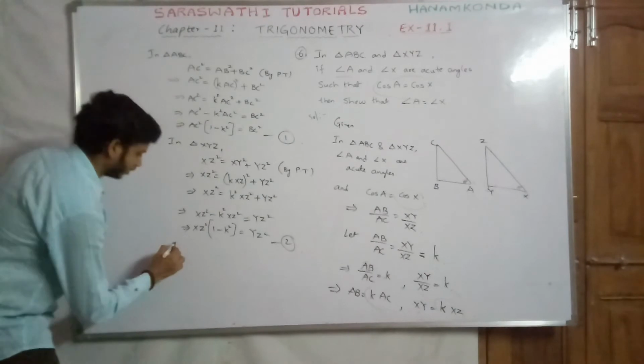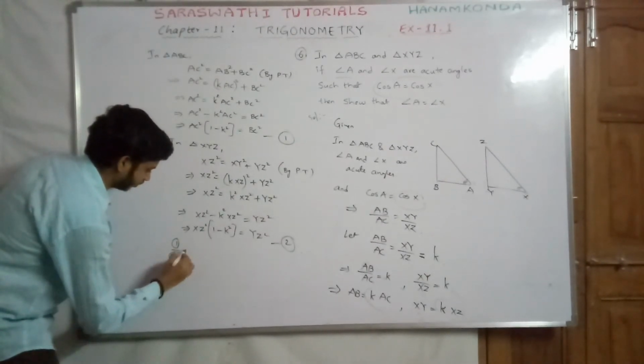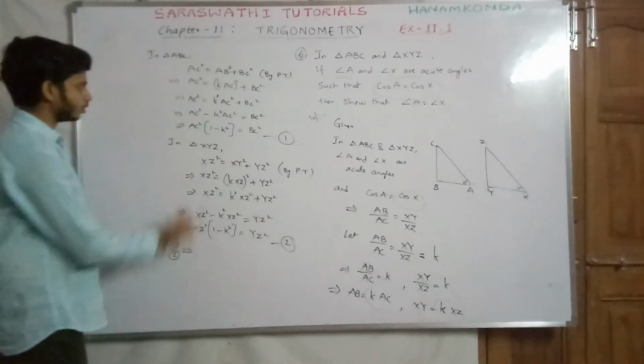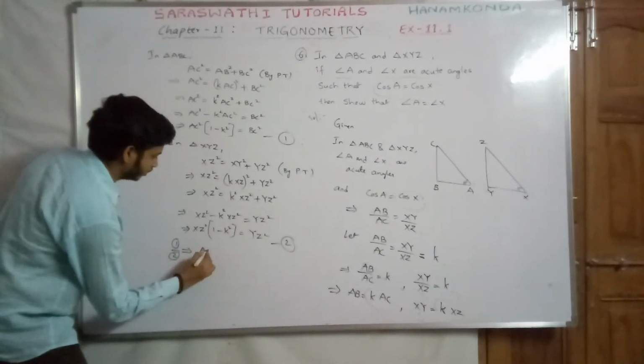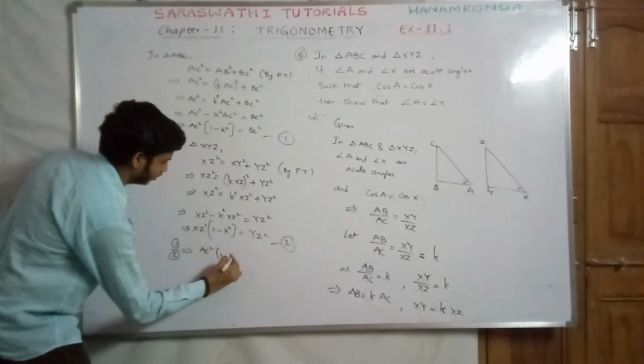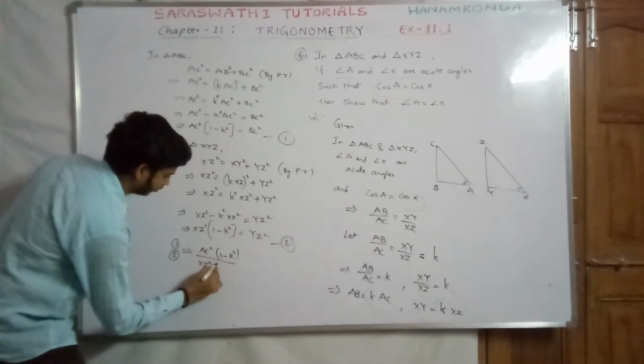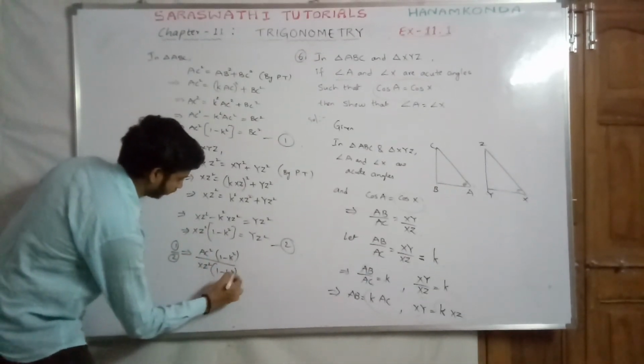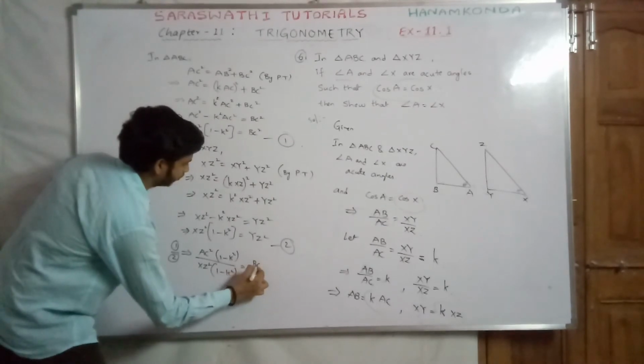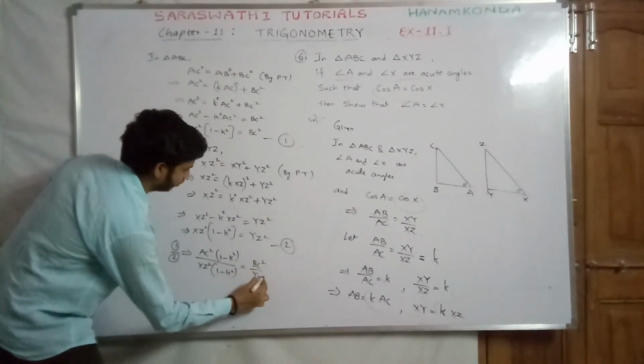Now the first equation divided by the second equation. It implies AC square into (1 minus k square) over XZ square into (1 minus k square) equals BC square by YZ square.